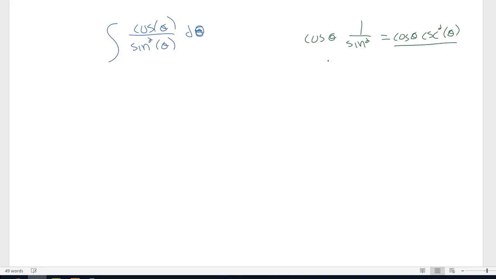So instead of writing cosine times 1 over sine squared, let's try writing cosine over sine times 1 over sine. Obviously I'd get sine times sine, which is sine squared, in the denominator. So this cosine over sine is cotangent, and then 1 over sine is cosecant. Aha! That one is productive for me.